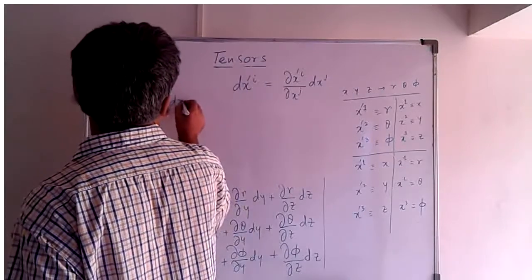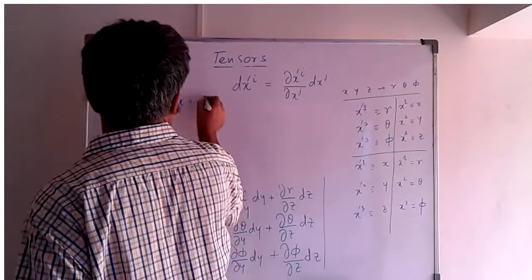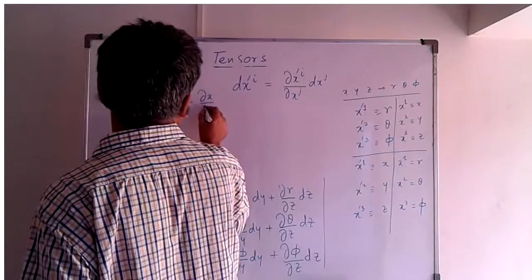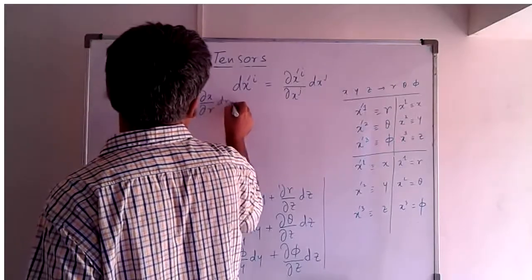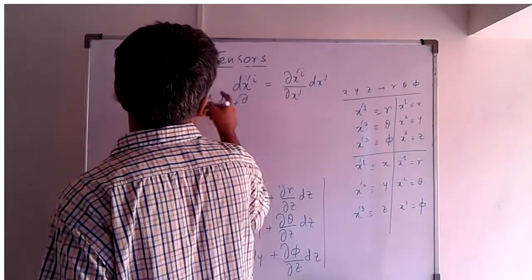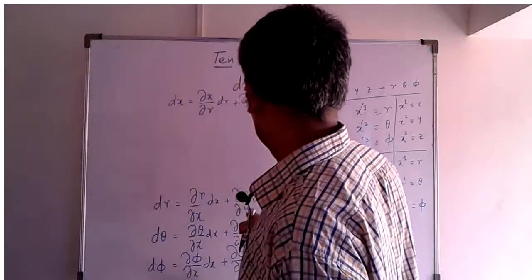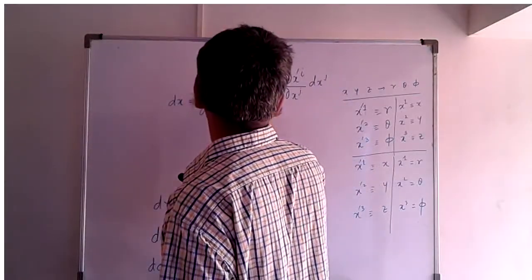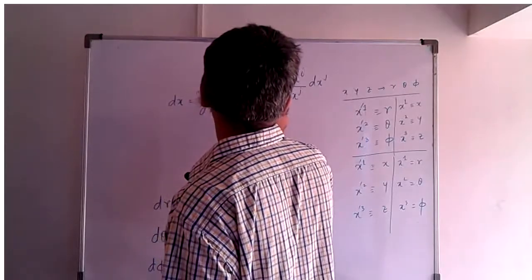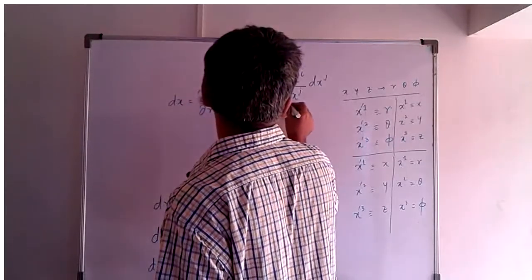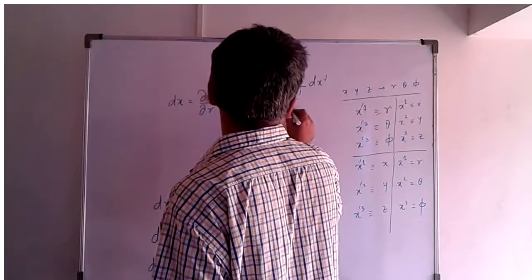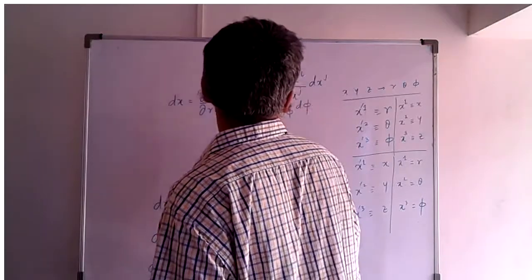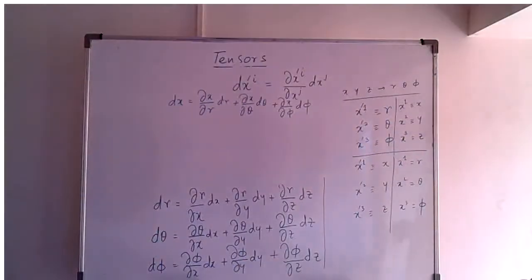So dx is equal to del x del r dr plus del x del theta d theta plus del x del phi d phi.